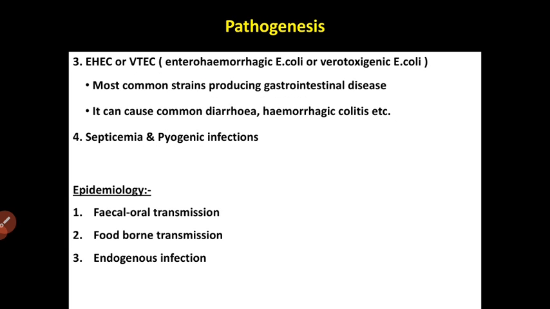This is foodborne transmission. Third is endogenous infection of E. coli, which is observed in urinary tract infection from the perineum. In women, UTI is frequently associated with sexual activity, hence the condition is also called honeymoon cystitis.